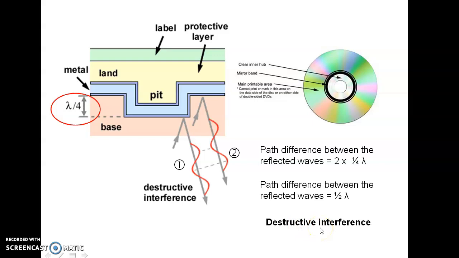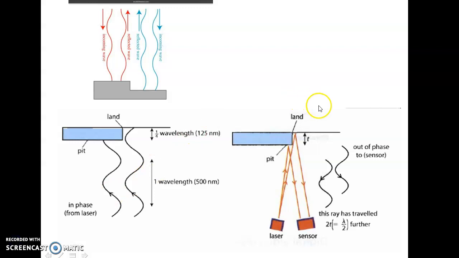Destructive interference occurs, and so we get a kind of dark spot. And it's a bright and dark spot as the laser beam is passed over the CD that creates the digital signal. On this slide we can see some further diagrams with some numerical detail.